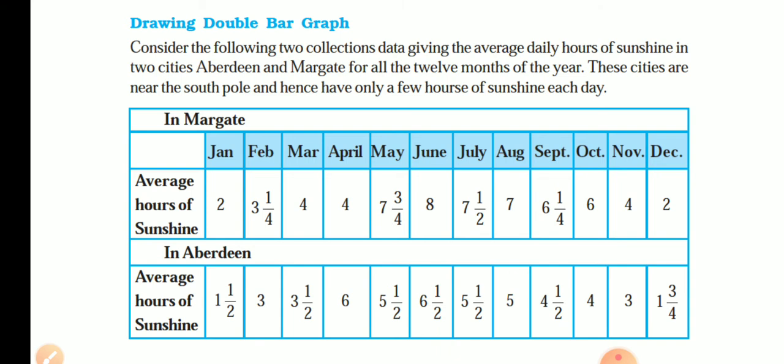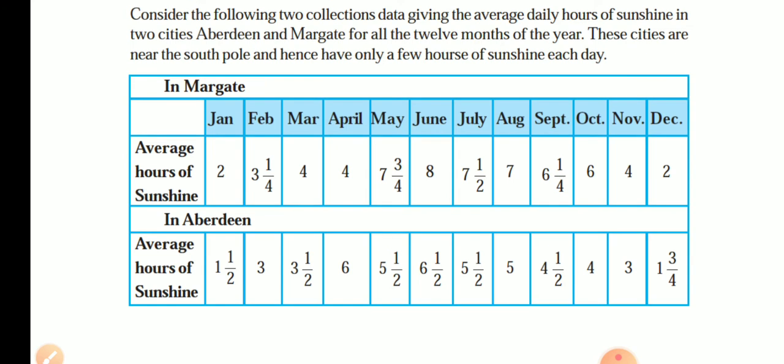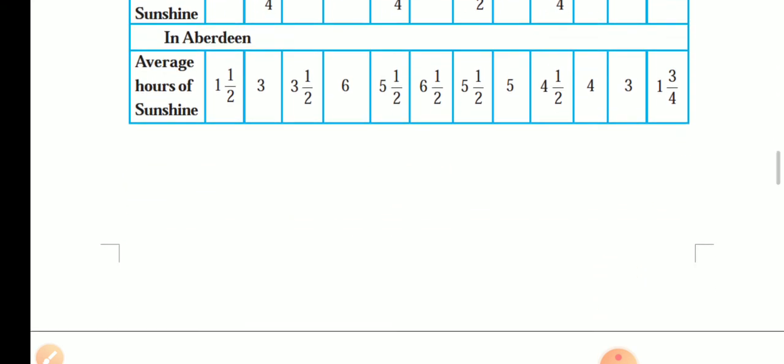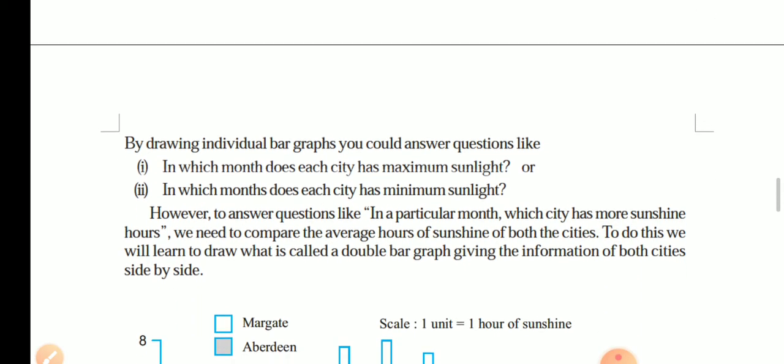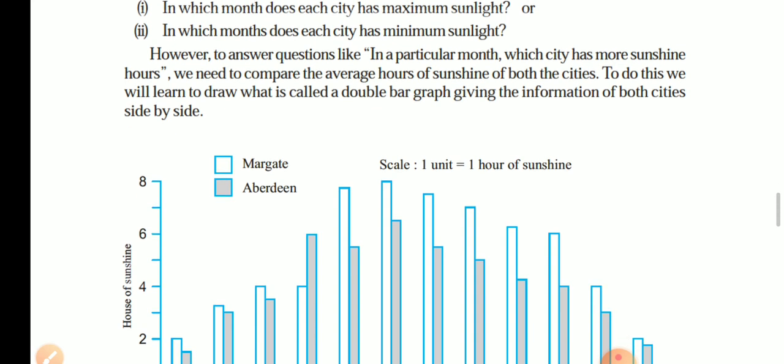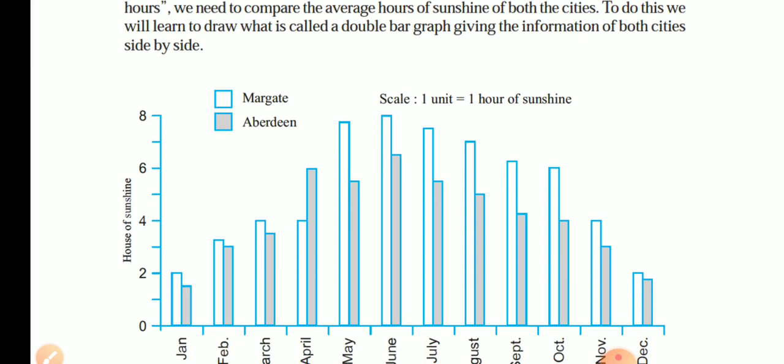This is the table: first city, second city, and months written from January to December, and average hours of sunshine. Now we have to draw the double bar graph, because we are taking two cities.